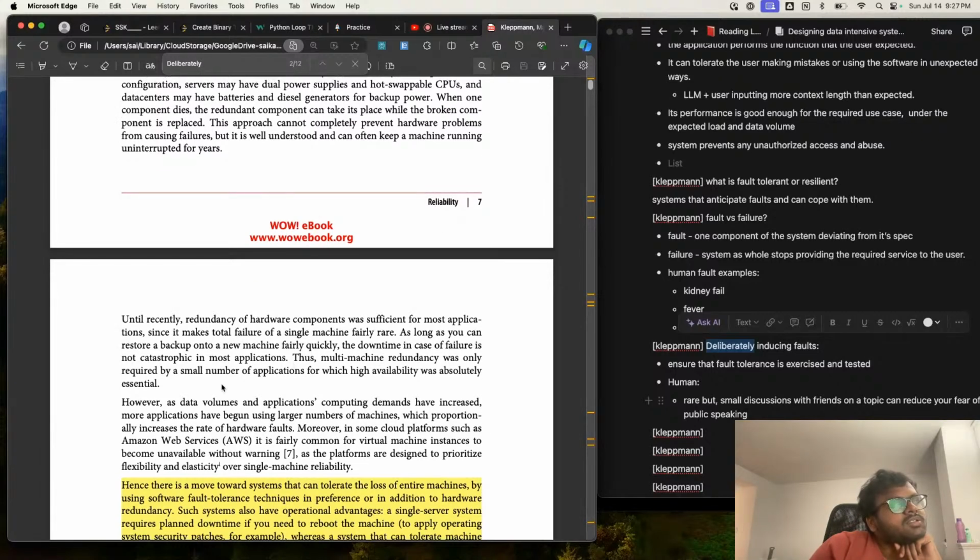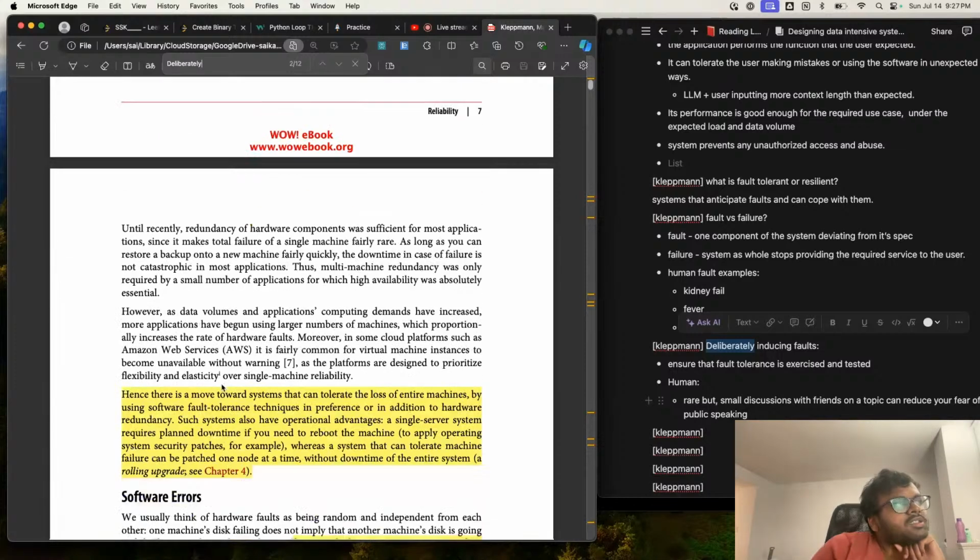However, as redundancy was fine, using a larger number of machines proportionally increases the rate of hardware faults. Moreover, it's fairly common for virtual machine instances to become unavailable without warning, as the platforms are designed to prioritize flexibility and elasticity.